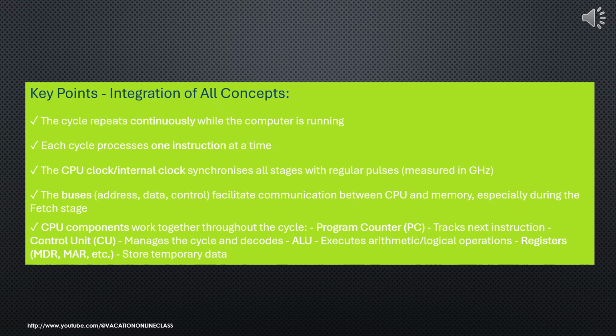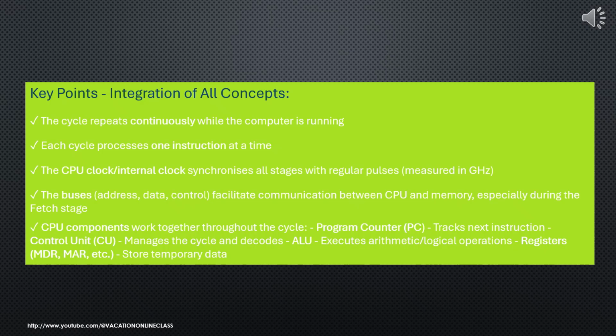It processes one instruction at a time, but it does so incredibly quickly, synchronized by the CPU clock. These clocks operate at speeds measured in gigahertz, GHz, meaning billions of cycles happen every single second.